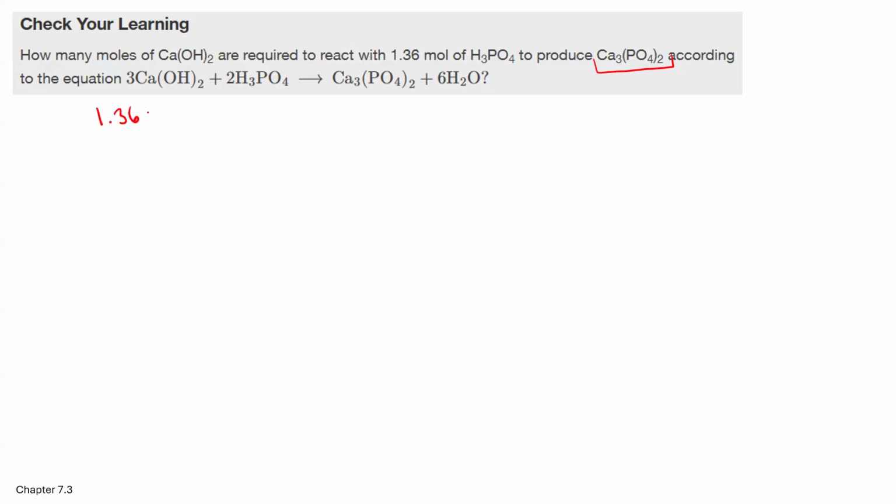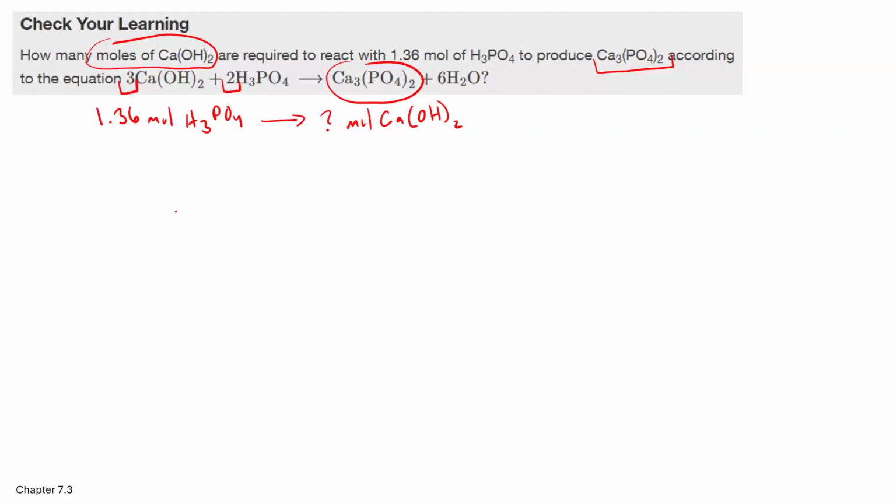We're starting with 1.36 moles of phosphoric acid. And they're saying, hey, how many moles of calcium hydroxide do you need to make this stuff, this calcium phosphate, right? And this is Ca(OH)2, right? We're trying to figure out here. All we're going to do is use the mole ratio, right? So we have 3 here and we have 2 here.